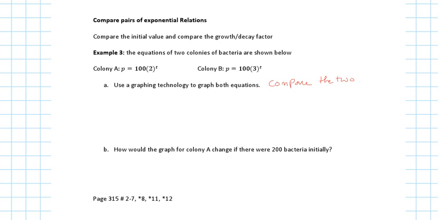And then you're going to change the colony A. You're going to change the initial to 200 and then compare the one with 200 and the one with 100. You understand what you guys have to do? How would the graph of colony A change if there were 200 bacteria initially?